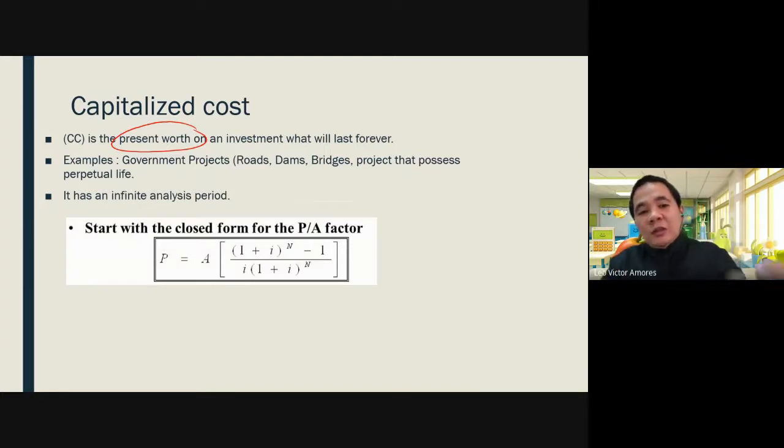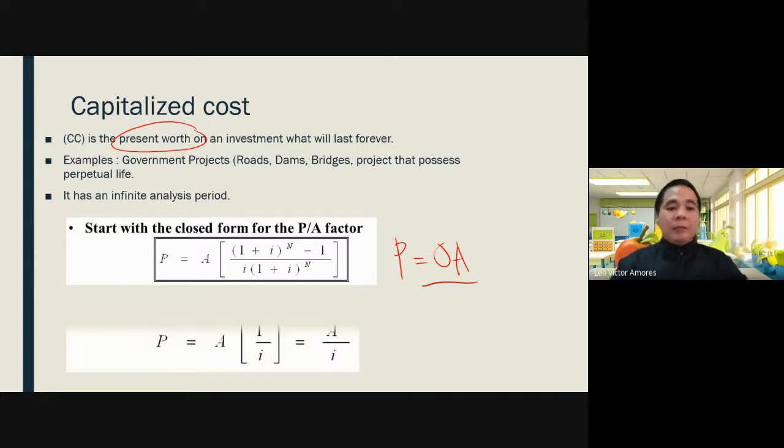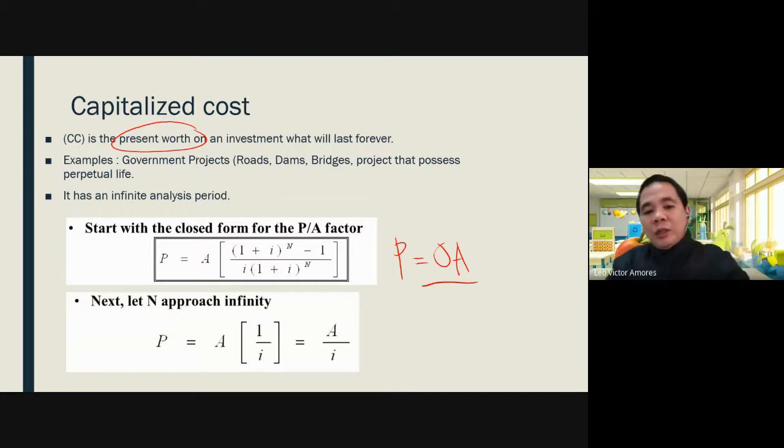The formula is basically the present value of a certain ordinary annuity payment. After getting the present value of an ordinary annuity payment, you compute the annuity. Once you get A, you approach infinity with your values.